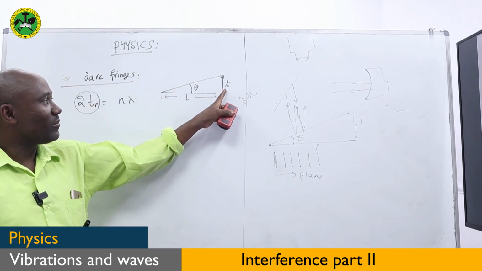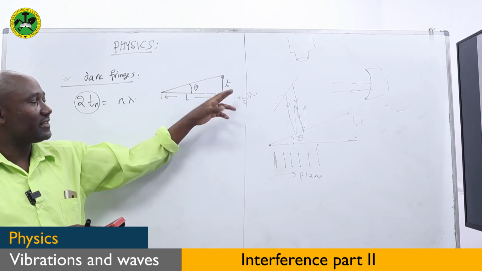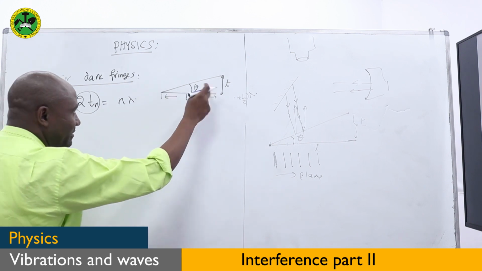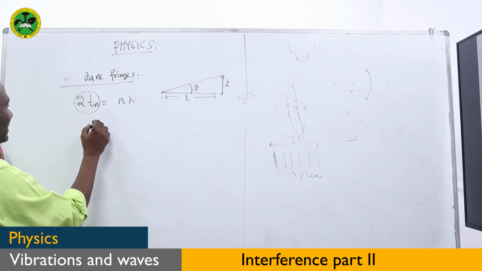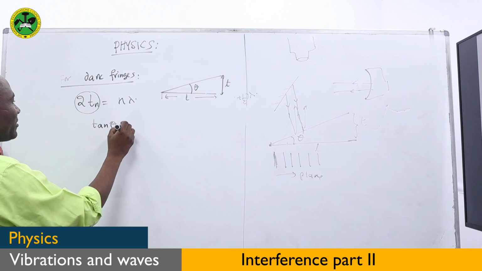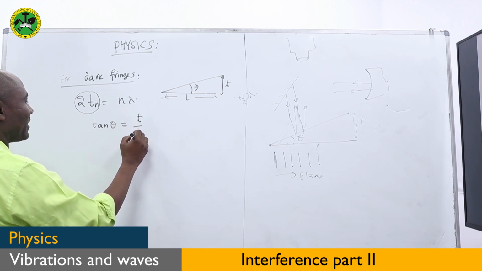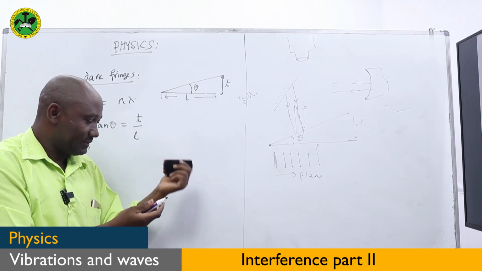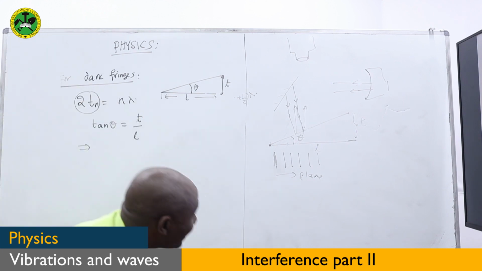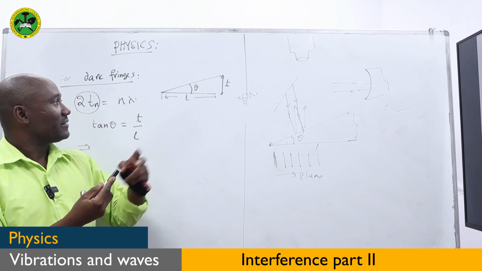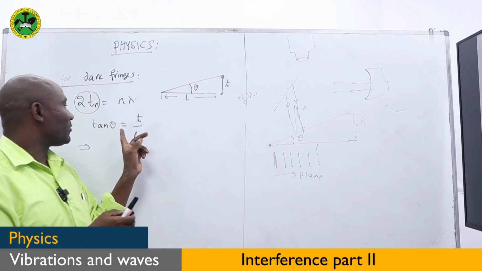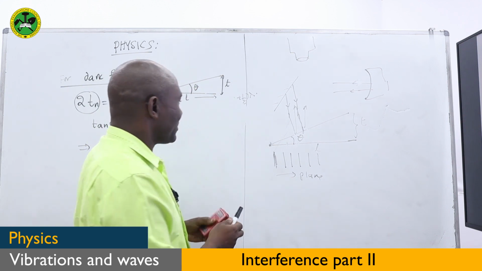In between, we normally put a material which is giving us the thickness of the material, t. And if you find from this formula, you find that tan of that angle theta will be equals to t over L. If you know the length of the plate, and you know the thickness of the material which is in between the two plates, so you can be able to find that angle of the air wedge.